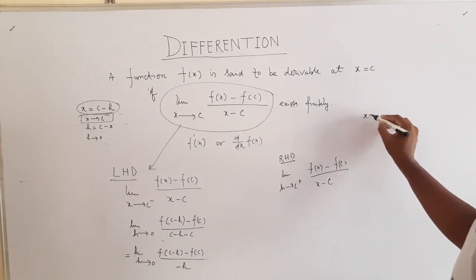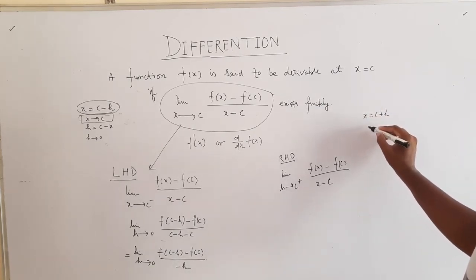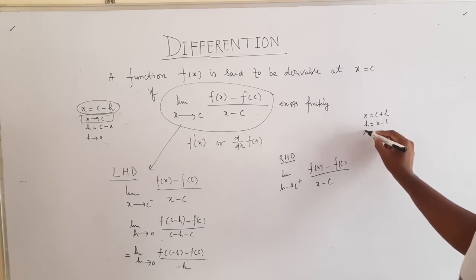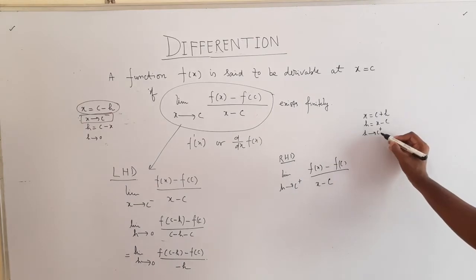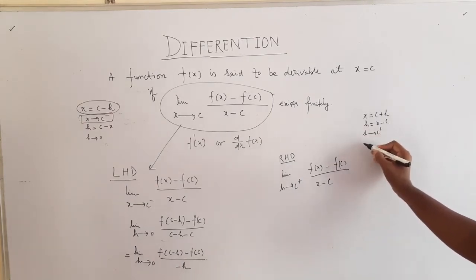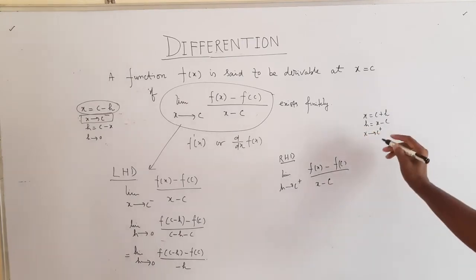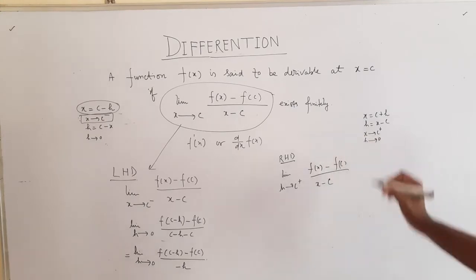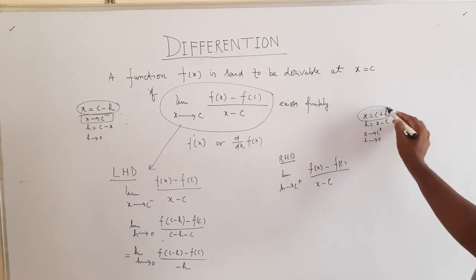So we write x equal to c plus h, and h will be x minus c. If x tends to c plus, meaning a little over c, then h is almost close to 0. So we will replace x by c plus h.